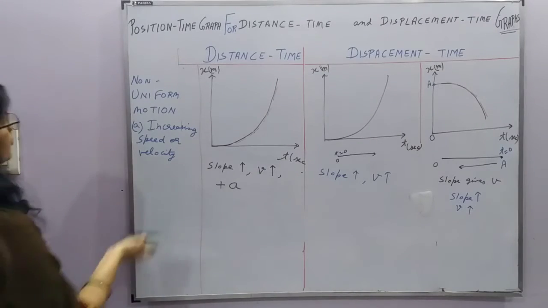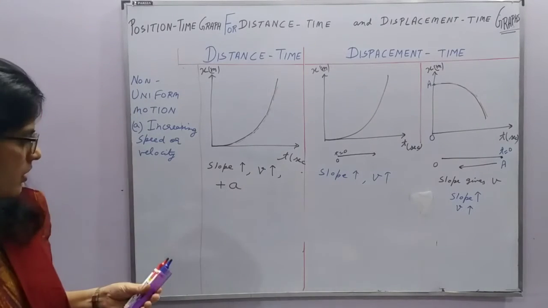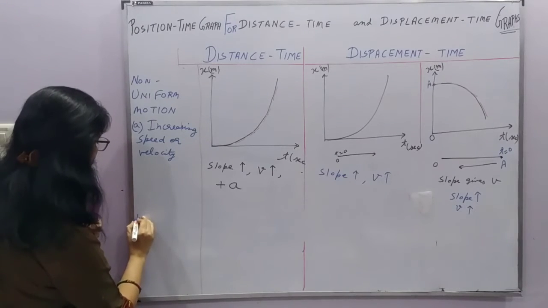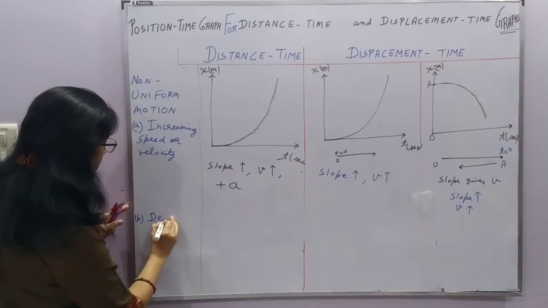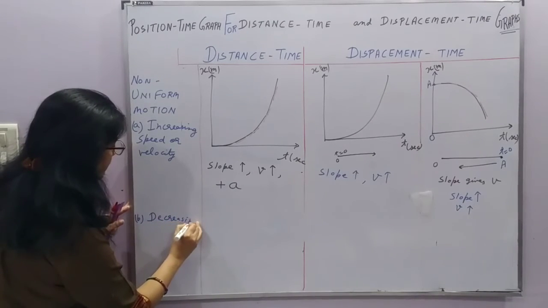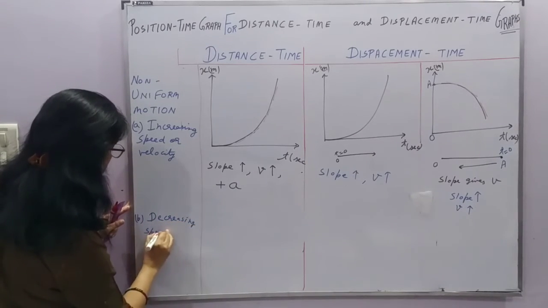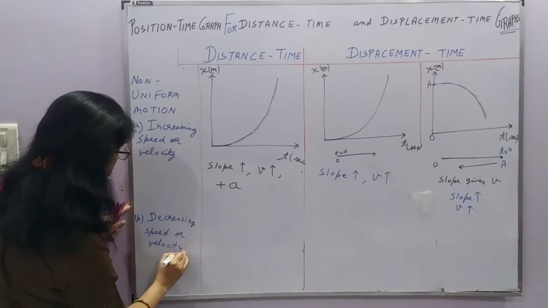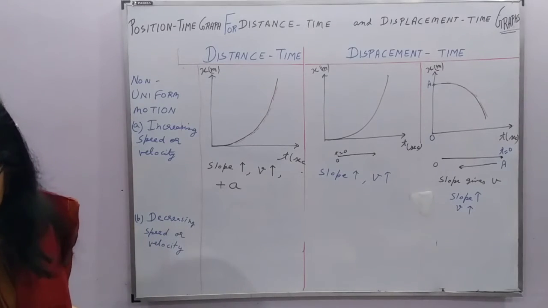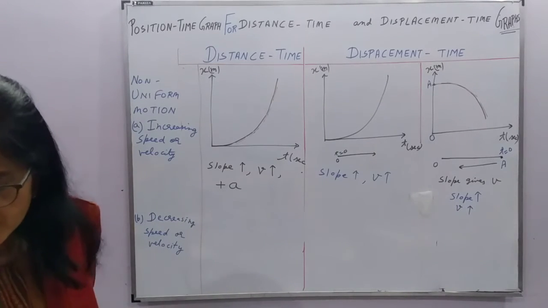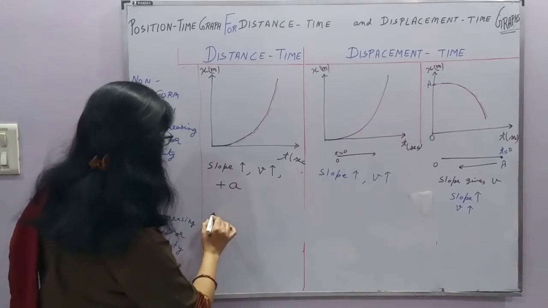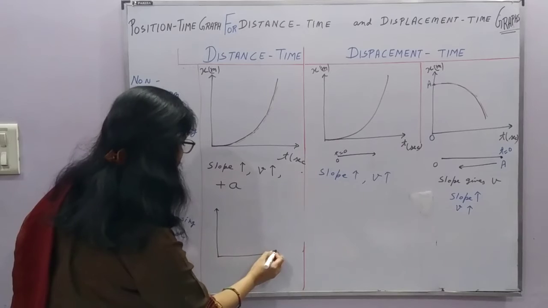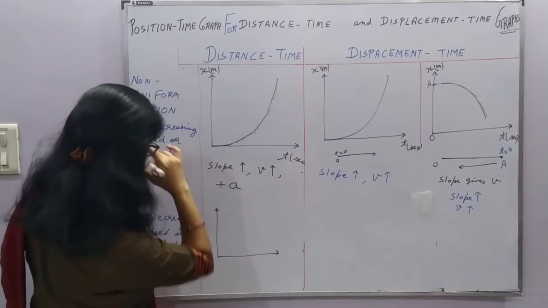Now this is the case of increasing speed or velocity. Now we'll discuss the case of decreasing speed or velocity. So the second case we can consider here itself. B is decreasing speed or velocity, right? In this case also we will have a similar graph with decreasing slope.